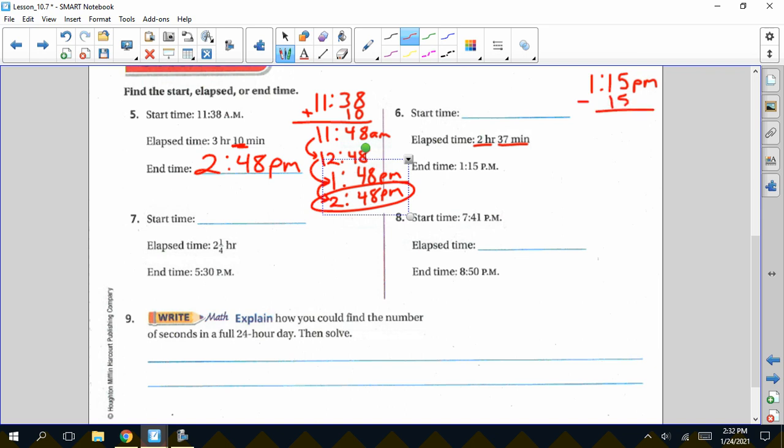It's easiest to get back to the full hour rather than try to subtract 37 minutes altogether. So we're only going to jump back to 1 o'clock. So we're going to jump back to 1 o'clock by subtracting 15 minutes. Now, if we only subtracted 15 minutes, we still have 22 minutes left to take off. So we're going to go ahead and subtract 22 minutes from 1 o'clock.